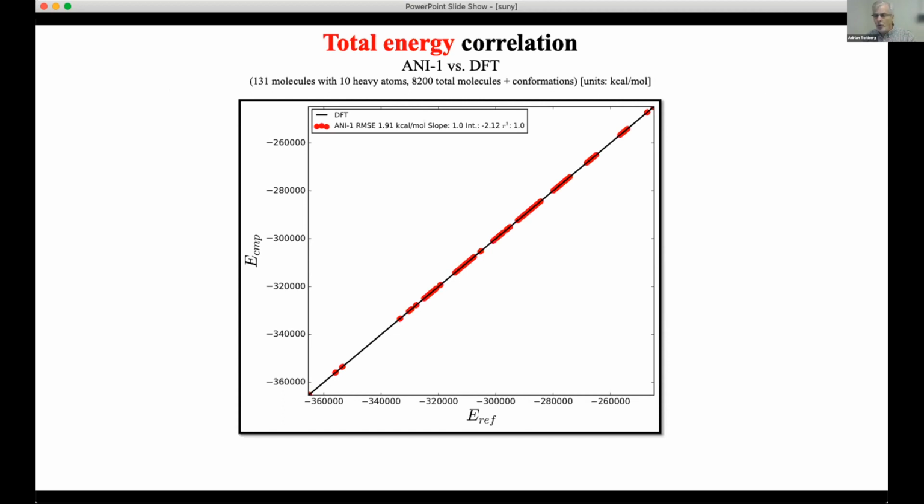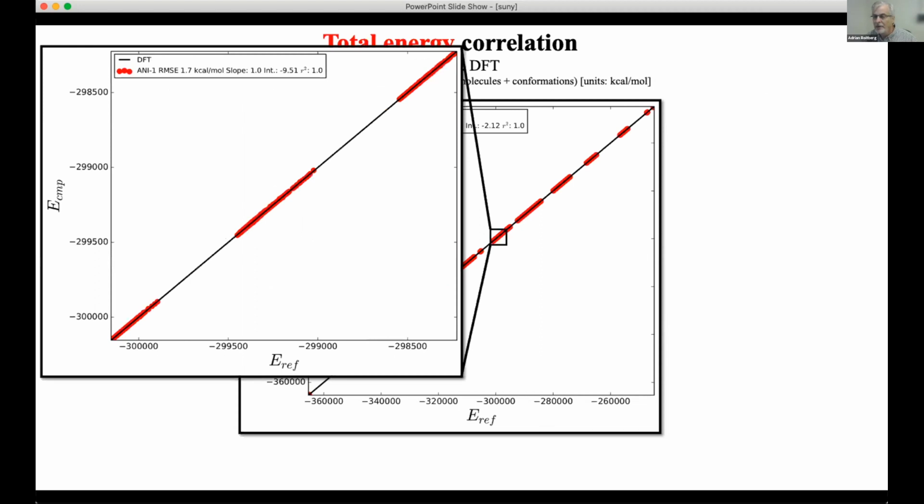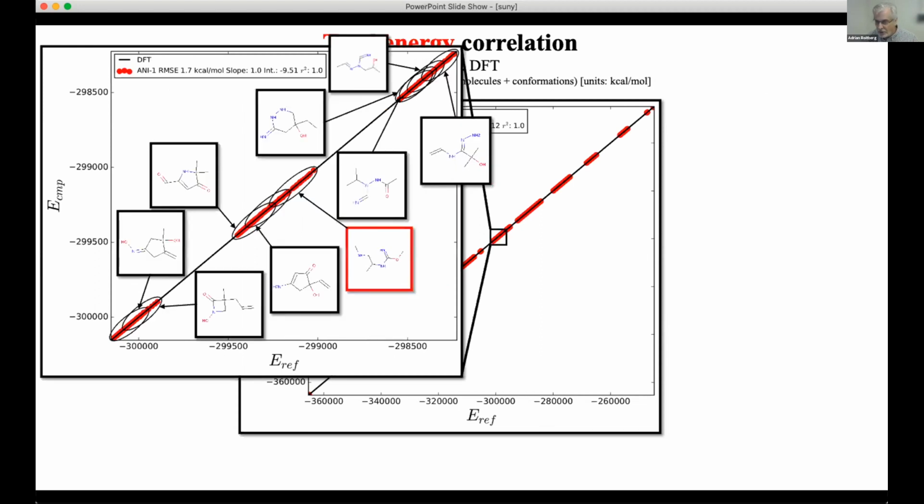Now, we all know that when you have big axes, things that look correlated may not be. So if you zoom in, you still get correlation. And if you look in there, these are the molecules that happen to be in that energy range. I hope people can see them, but you can see that they're not the same family. They're things with 6-member rings, 4, 5, things that are not rings. So this is not the same set of molecules or same family.